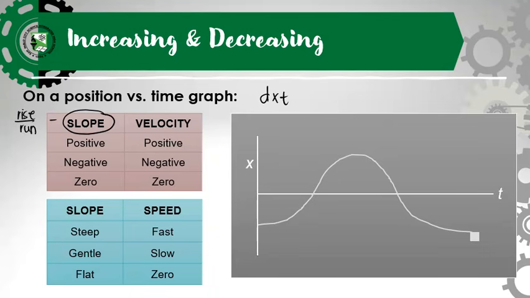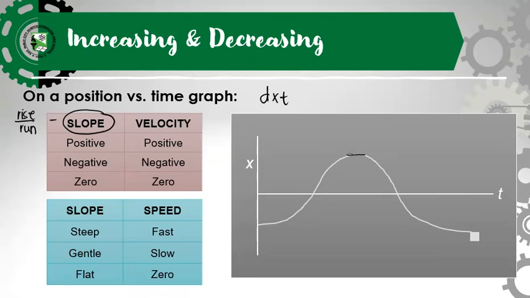If your slope is negative, negative ang velocity mo. Okay? For example, ito, positive ang slope, rise over run. Positive yung velocity dito. Pag naman dito, pababa, so negative ang velocity mo. Kung wala kang slope, for example, dito sa part na to, zero ang velocity.